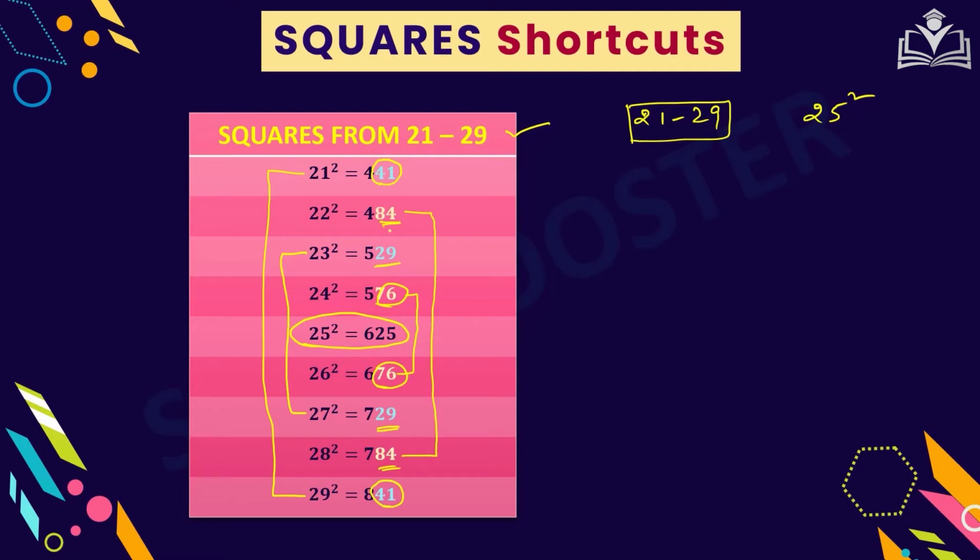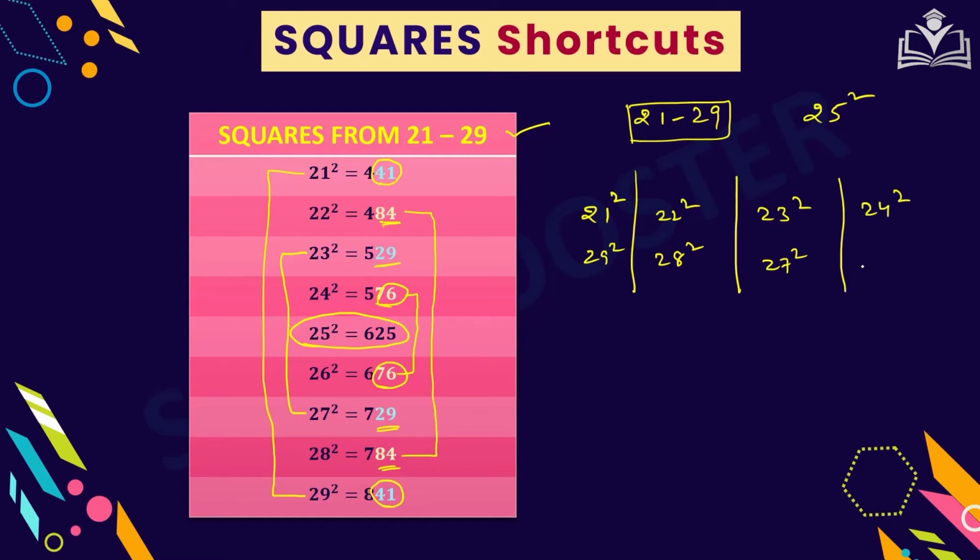It means the last two digits for these four pairs. What are those? 21 square, 29 square. Next, 22 square, 28 square. And next one, 23 square, 27 square. And at last, 24 square and 26 square. For these four pairs, the last two digits are common.